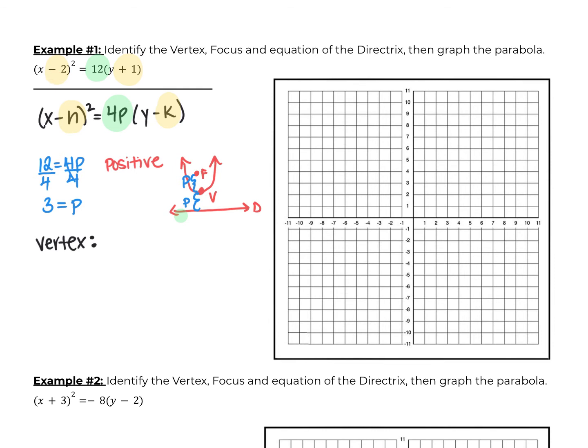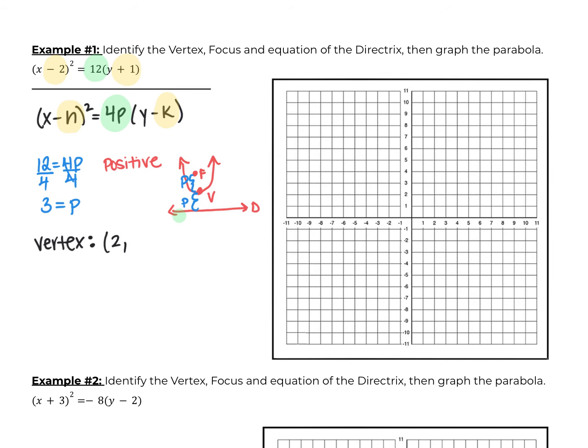So -2 will actually become +2, and +1 will actually become -1. So you can write that to find the vertex you are going to switch the signs from the equation. And I'll explain more about why that makes sense in class tomorrow.